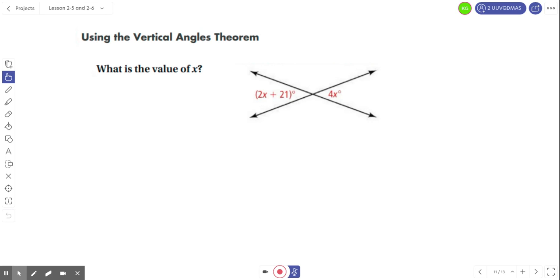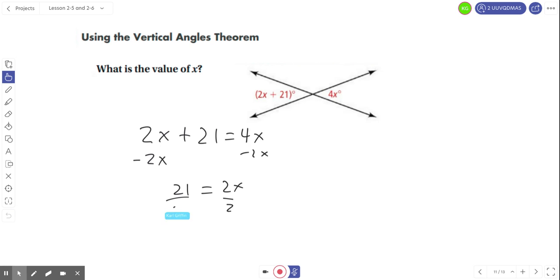And so, I could use that information to set up a little algebraic equality: 2x plus 21, I wrote backwards, 21 equals 4x. And then you could, of course, do a bunch of things and solve for x. Minus 2x, minus 2x, 21 equals 2x, divide by 2, divide by 2.